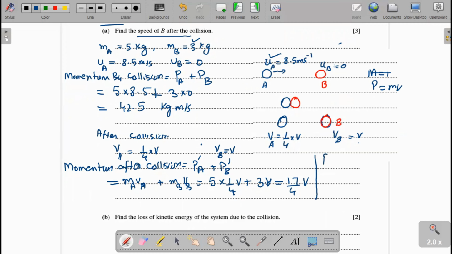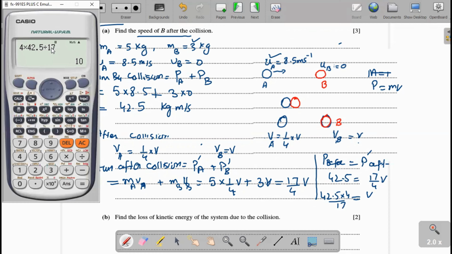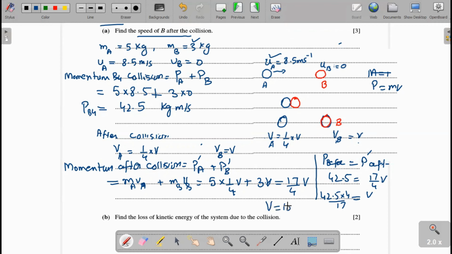The total momentum before collision, 42.5, equals 17/4 into V. Now we calculate it: 42.5 multiplied by 4 divided by 17. Therefore the answer is 10 meter per second.